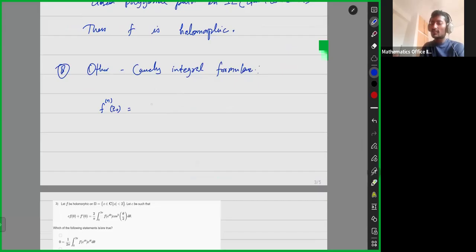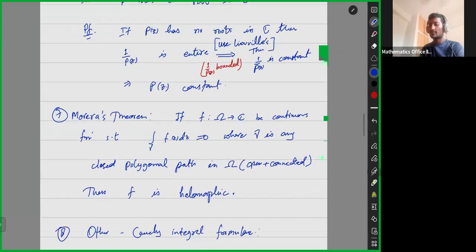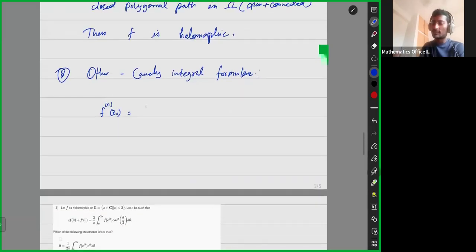So n equal to 0 is the Cauchy integral formula we just saw. For other n, we have n factorial divided by 2 pi i times the integral over gamma, where gamma is any curve which is homotopic to a circle around z naught, and of course the circle lies inside omega, where omega is the domain of definition for f, where f is holomorphic, right?